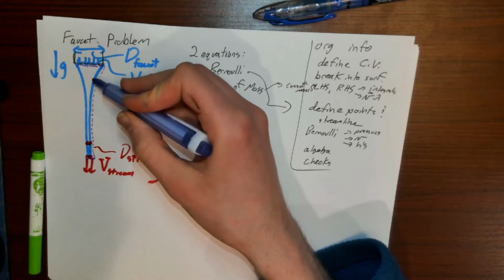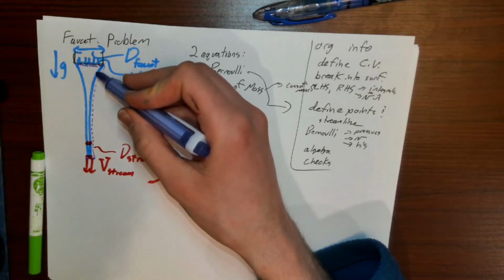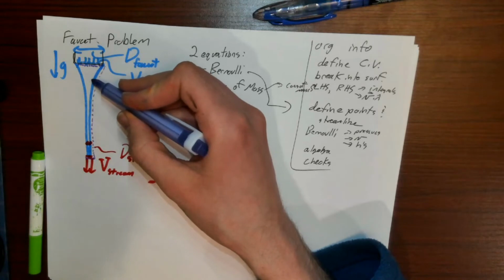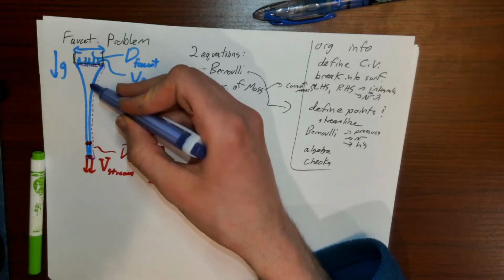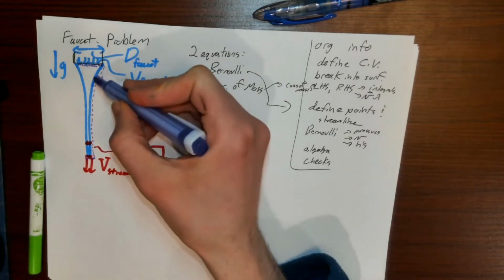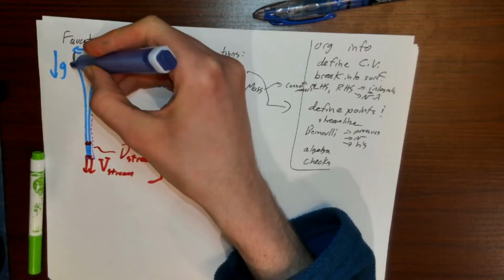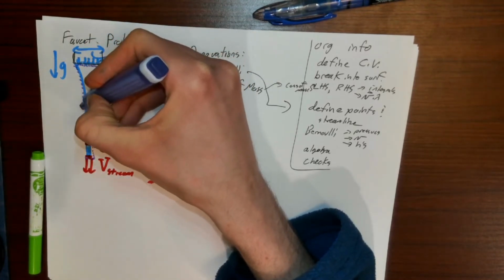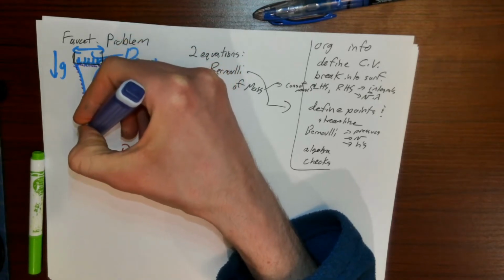And we chose our control volume to be right at the boundary of this fluid right here, because we know that fluid is going in this direction here, whereas our n is going to be normal here. And those are going to be perpendicular to each other. So that's going to simplify any dot products that we do for conservation of mass.